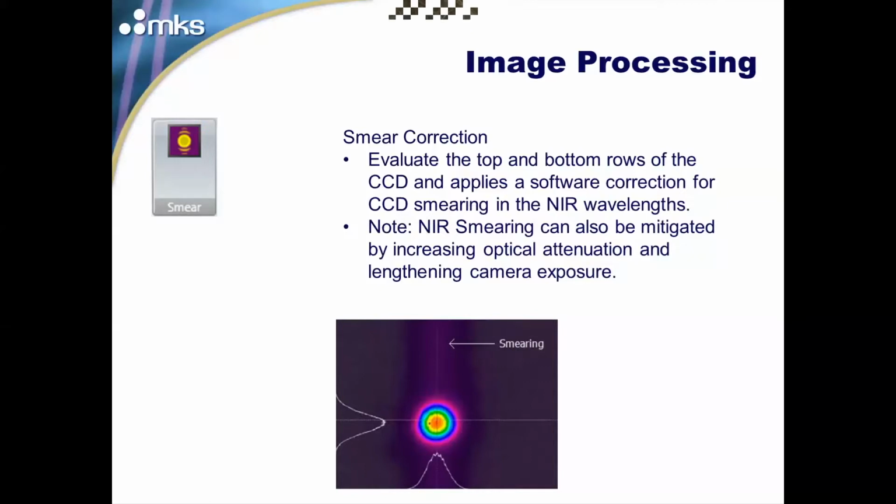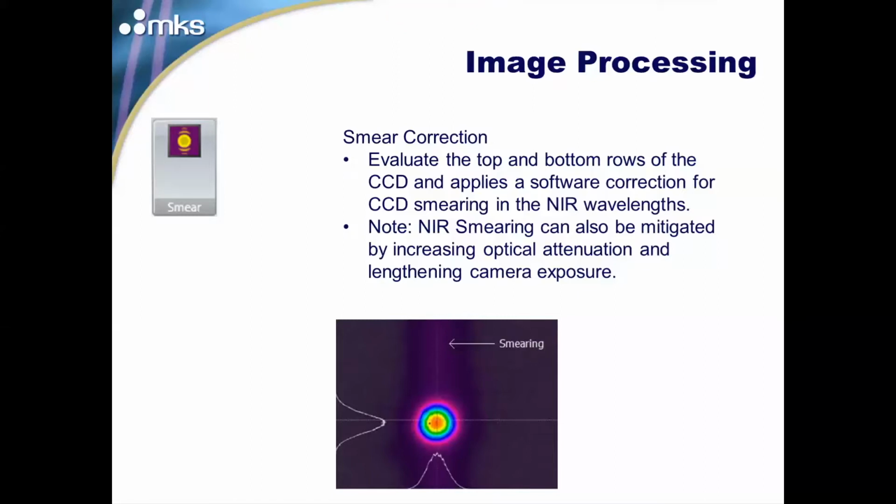Most camera and sensor manufacturers do a really good job of countering this in the visible wavelengths where silicon sensors are designed to be used. But in the NIR wavelengths, which a lot of people use our cameras for, it still doesn't really overcome this.